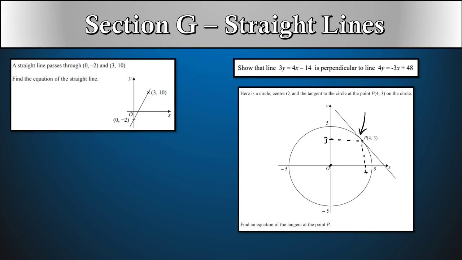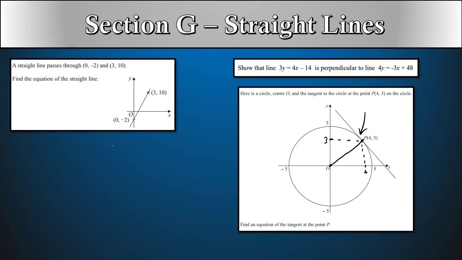So if we can just work out the gradient, we can easily work out the equation of the tangent. But first, I need to work out that gradient. So how would I do that? Well, what I could do here is work out, say, from the origin to that point there. If we can work out this gradient, then the tangent at the point P is perpendicular to that, with it being a tangent. So let's work out the gradient of this line here from the origin to P, and then times that by minus 1, and take the reciprocal.